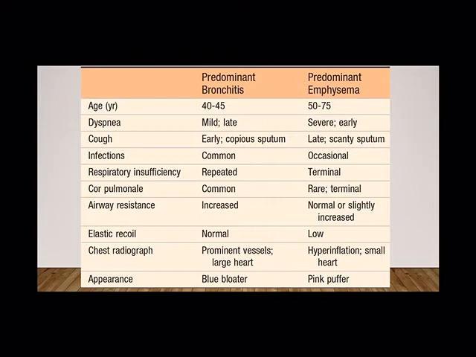Next is your appearance, that is blue bloater and pink puffer. Why is chronic bronchitis called blue bloater and emphysema called pink puffer? See, in emphysema, we have dyspnea as the main symptom. Since the patient is having dyspnea, he will start attempting to take voluntary breaths, that is, deeper breaths.